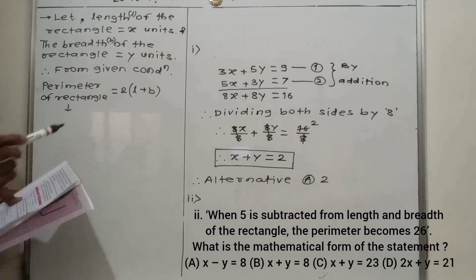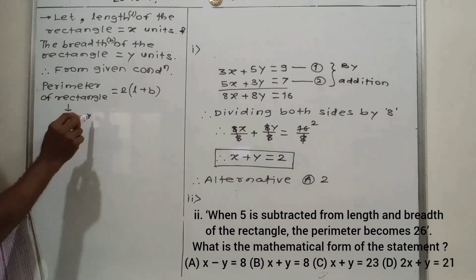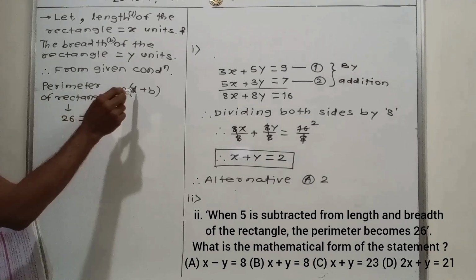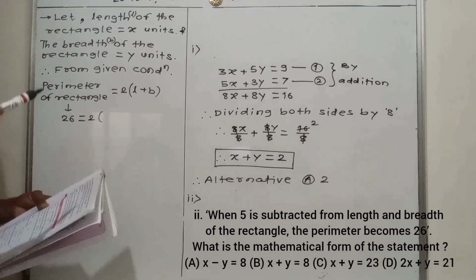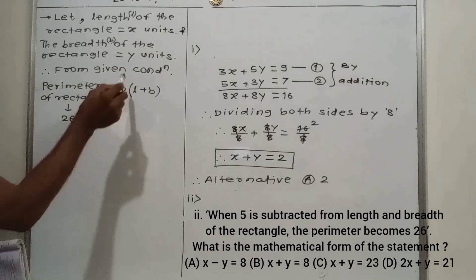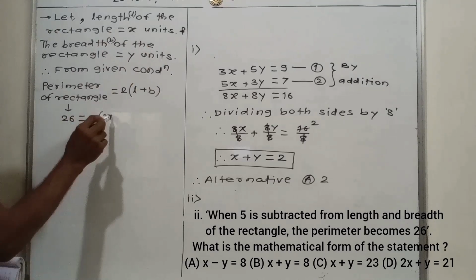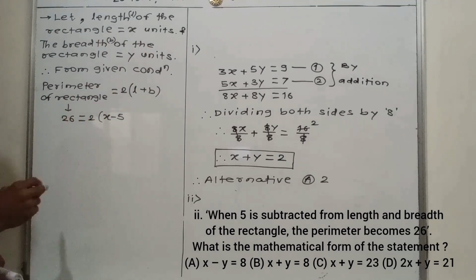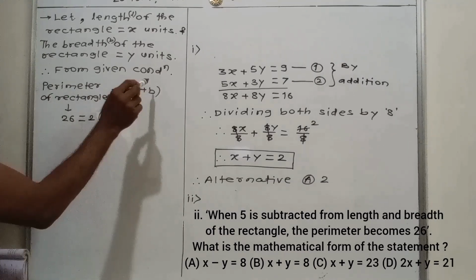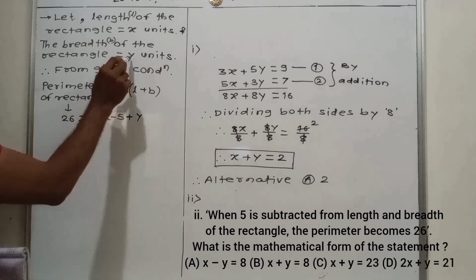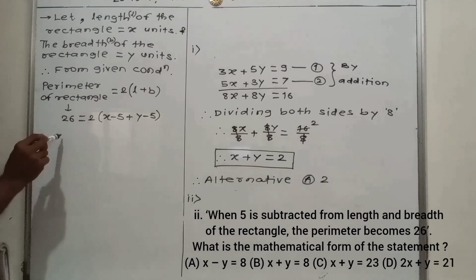What is the perimeter? Perimeter is given 26 is equal to 2 in bracket. Now 5 is subtracted from length and breadth. What is length? X. 5 subtracted means x minus 5, plus 5 subtracted from breadth also. What is breadth? Y. Y minus 5. Did you get it?